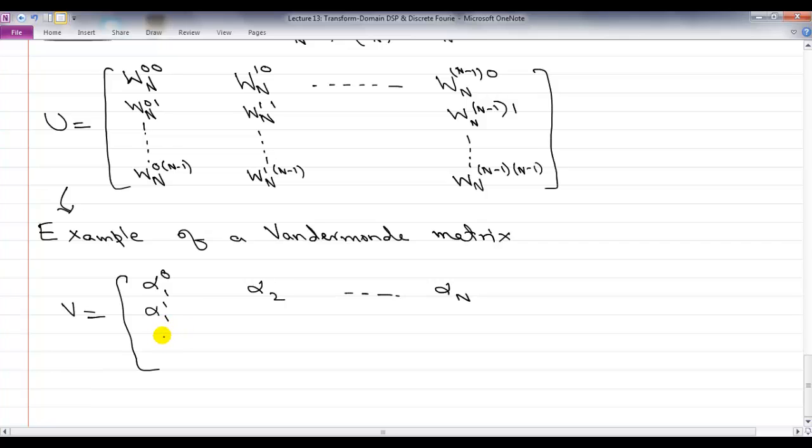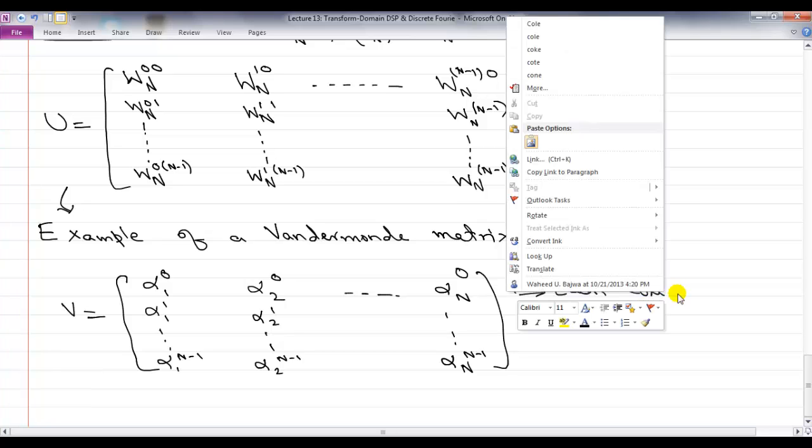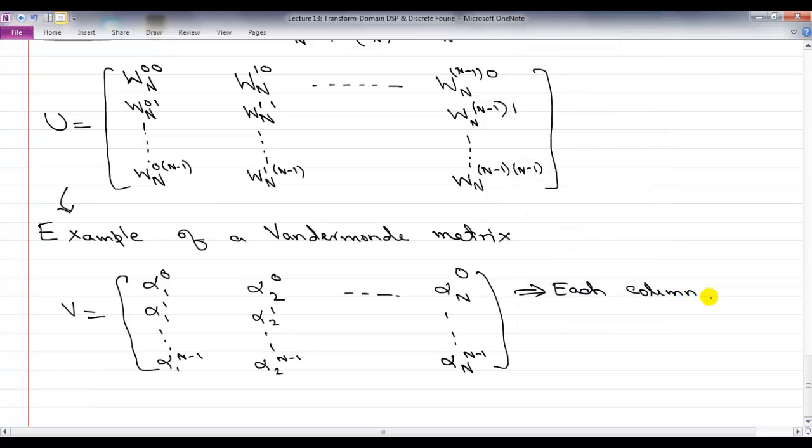So alpha 1^0, alpha 1^1, up to alpha 1^(n-1), alpha 2^0, alpha 2^1, up to alpha 2^(n-1), and so on up to alpha n^(n-1). Effectively, each column is just a geometric progression of a number.